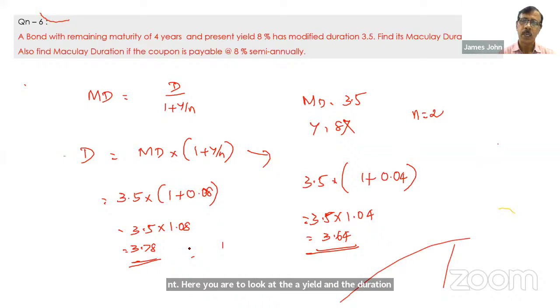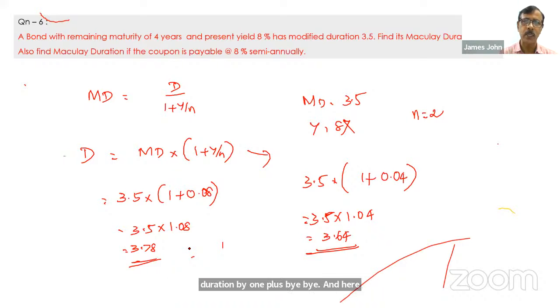The question is to calculate the duration, and you are given the modified duration and the yield. The 4 years is nothing; you need not take it into account here, because the formula is modified duration is equal to duration by 1 plus y by n.